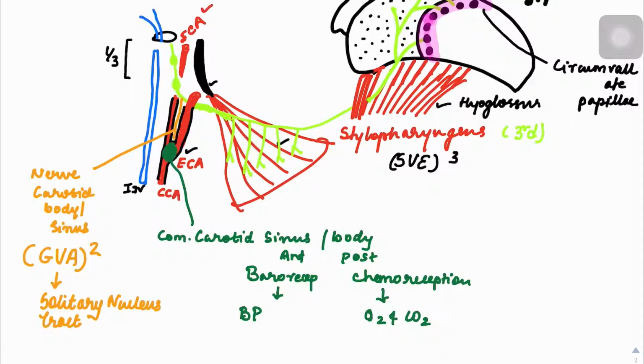So what we are understanding is that it is taking general sensation as well as special sensation. The general sensation from the posterior one-third of the tongue, that is touch, pain, temperature, etc., all belong to the general category. So we call it general somatic afferent.